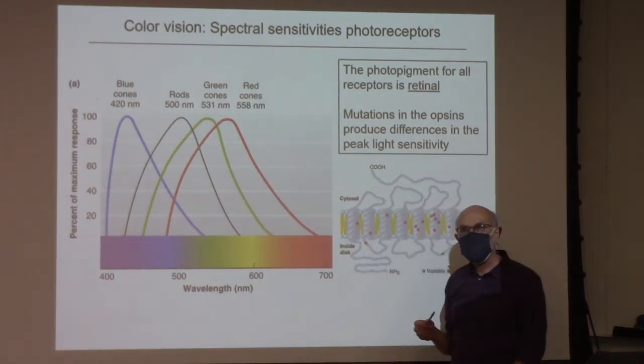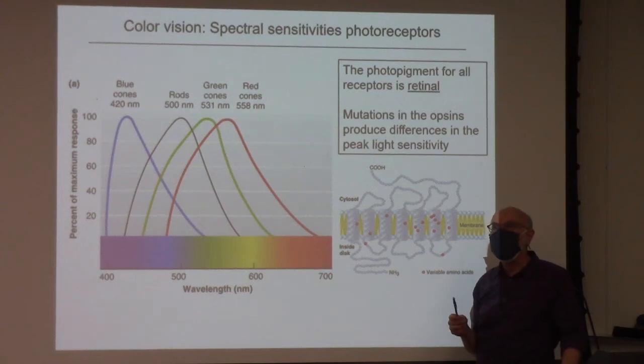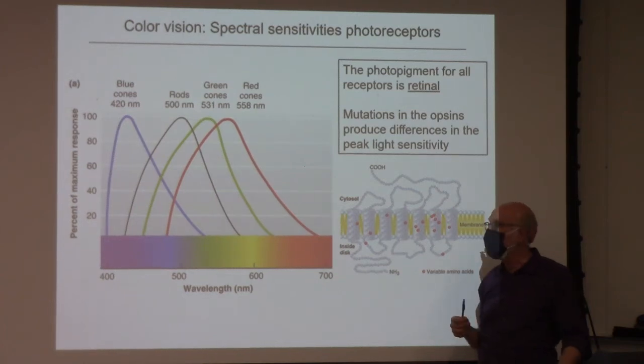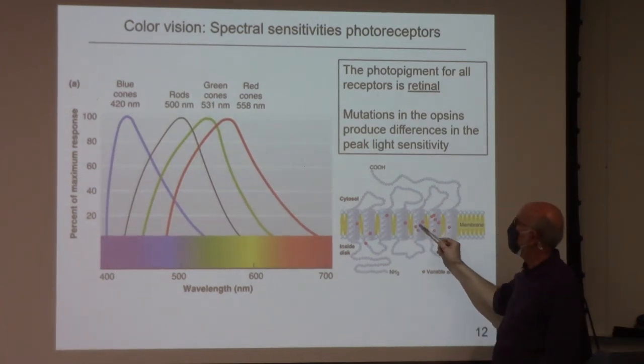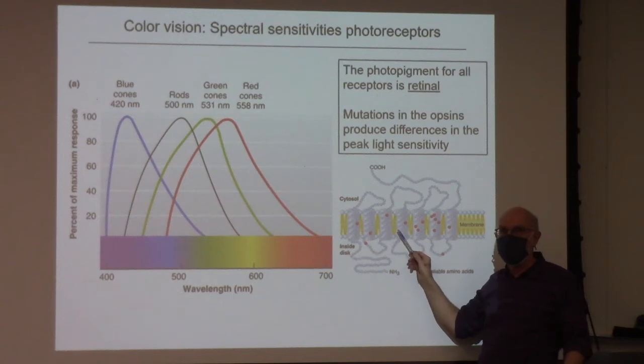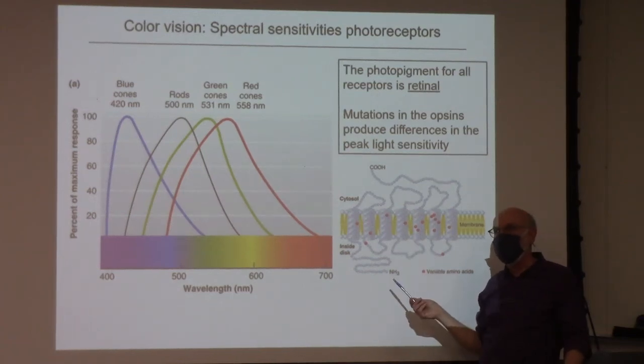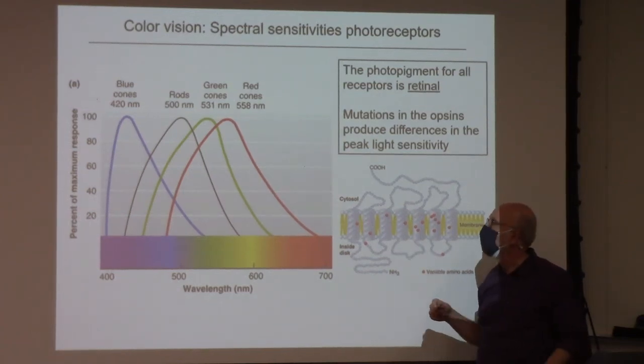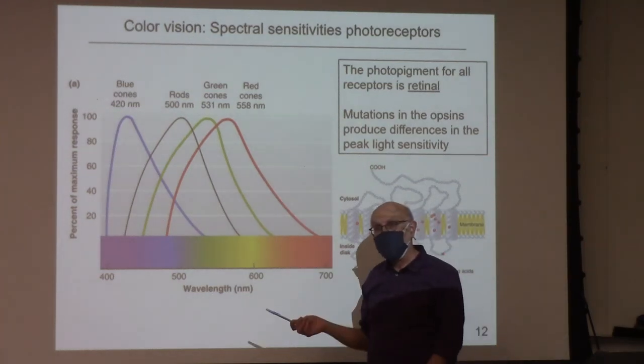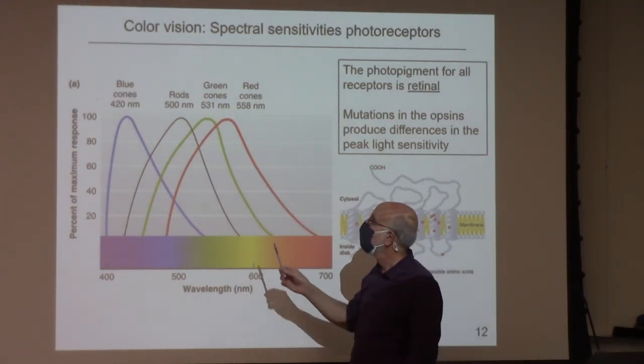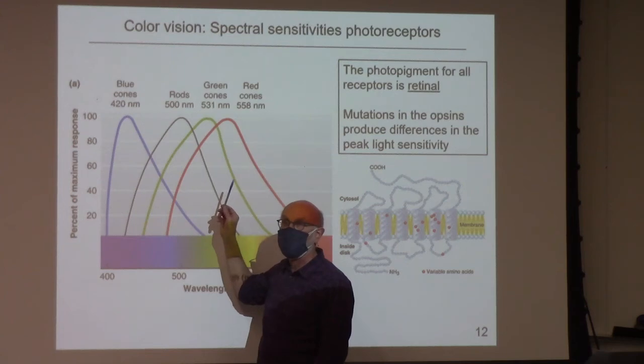In our cones, each one of our cones expresses a certain opsin, not rhodopsin, but another opsin, and there are specific amino acid differences between those opsins and rhodopsin. These give the retinal in those opsins a different spectral sensitivity.